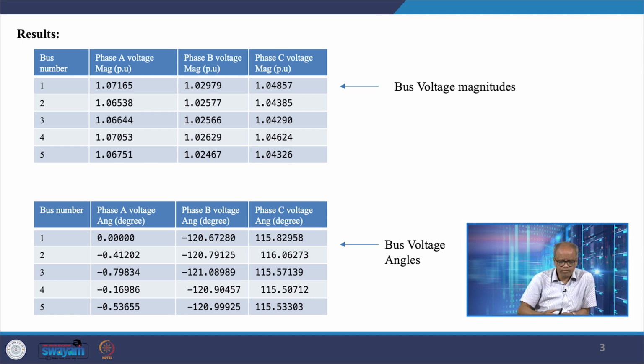So here we have not given the internal bus voltage angles and magnitudes, for the simple reason that these internal bus voltages and magnitudes do not exist physically. They are just our mathematical construction for the convenience of our formulation, right.